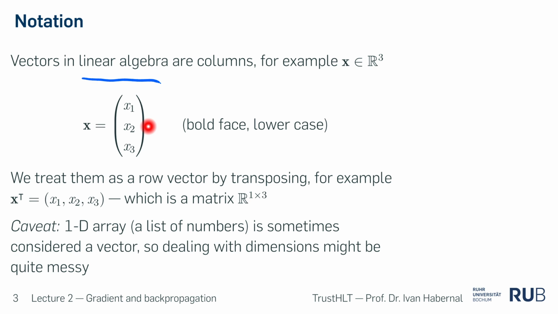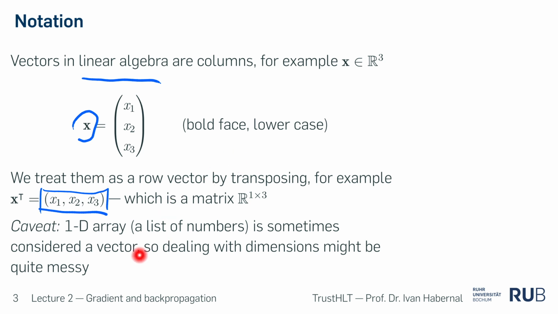Yes, matrix by vector to get another vector. So these are columns, and usually we use boldface and lowercase. And what we're going to do is actually treat them as row vectors. So basically on a line is where we just transpose it. So this vector is a row vector, which is also a matrix with one row and three columns, right? So nothing should be surprising so far. It makes sense? Good, but there's a trick.